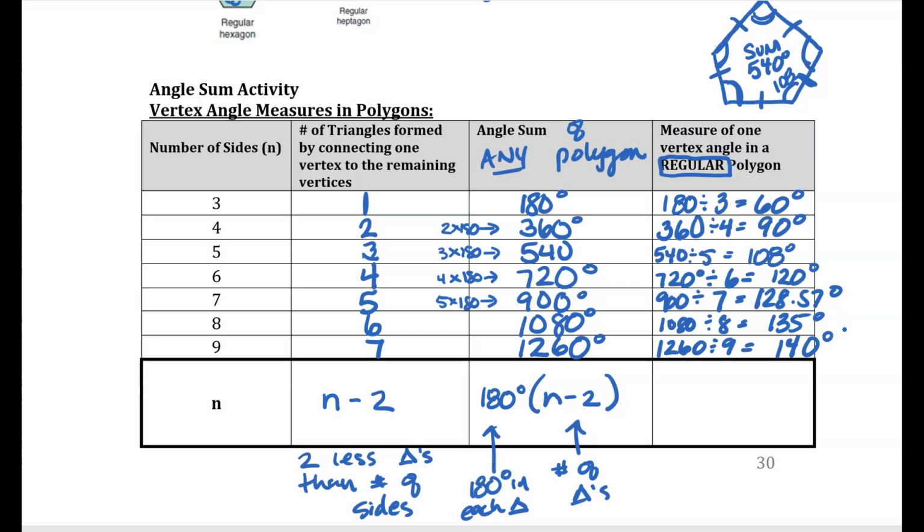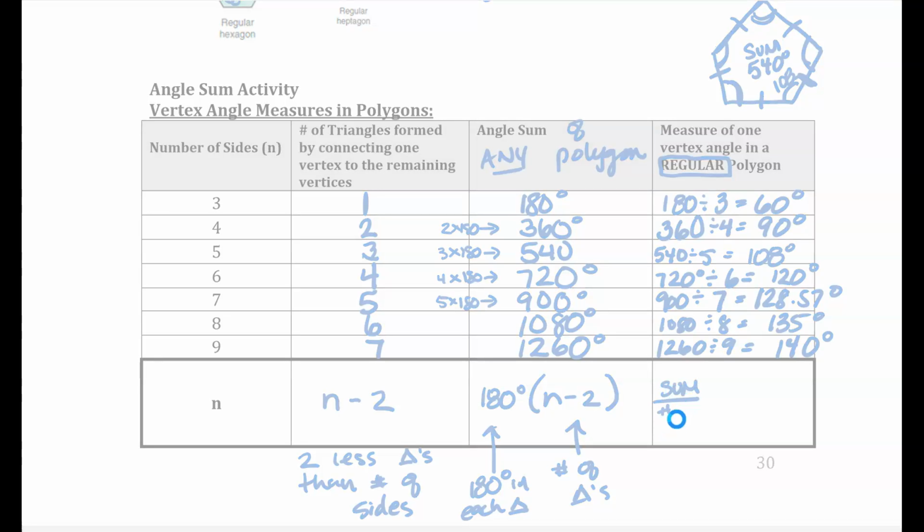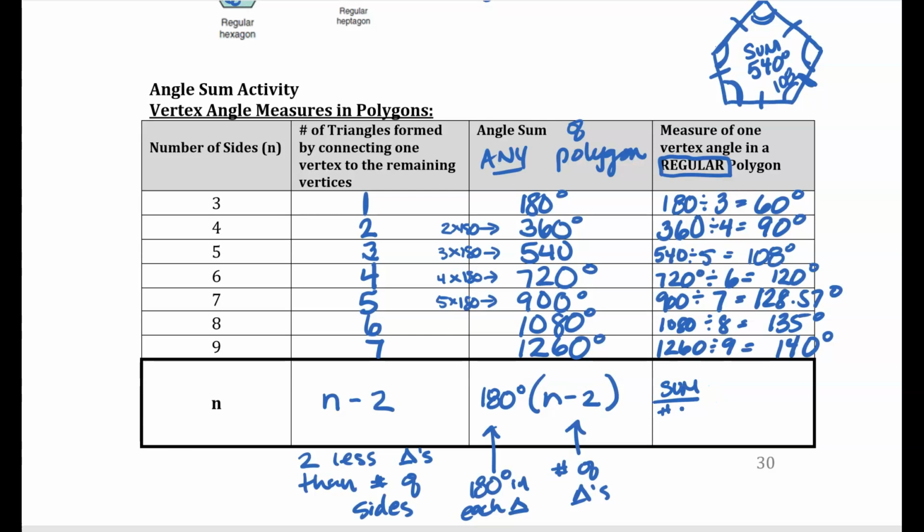So in general, what we're going to do is take the sum and divide by the number of sides. And we want to actually convert this using the equations here. So the sum, we said, was 180 times n minus 2, and number of sides is n.